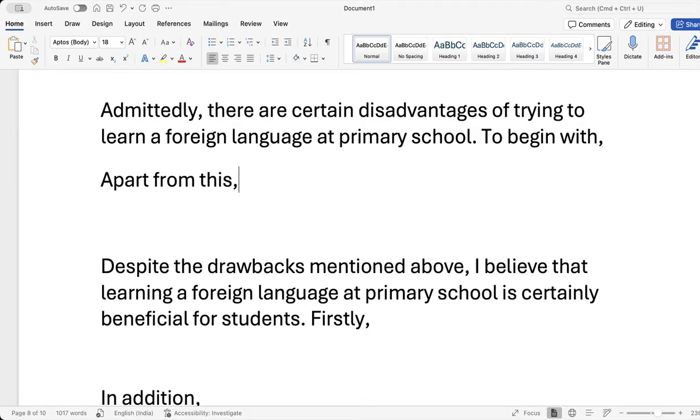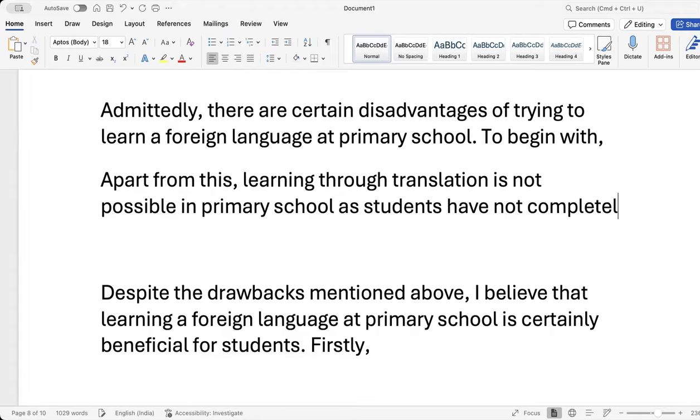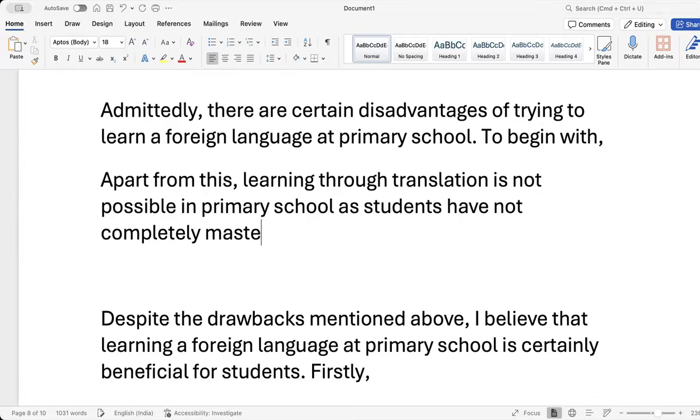Apart from this, it means besides that, in addition to this point, there's another point, there's another drawback. Apart from this, learning through translation is not possible in primary school as students have not completely mastered their mother tongue.